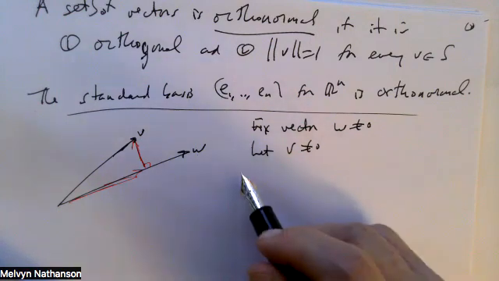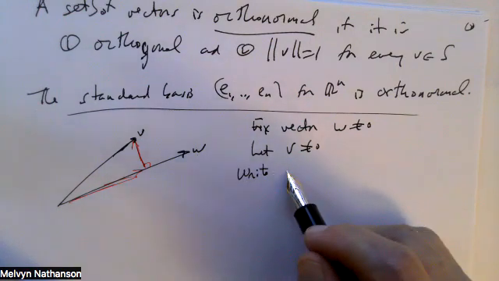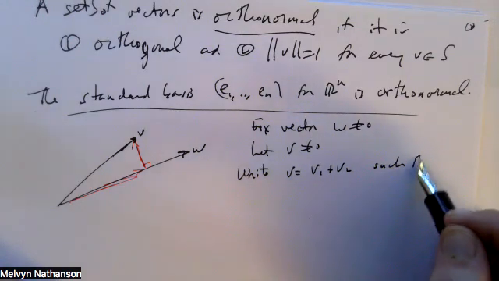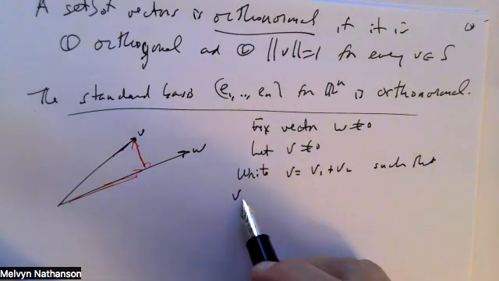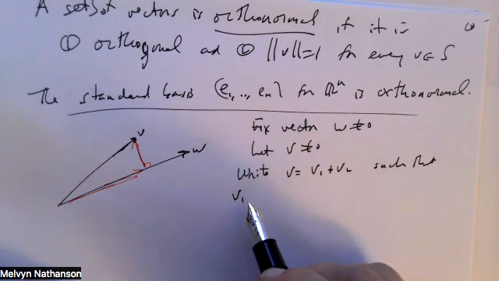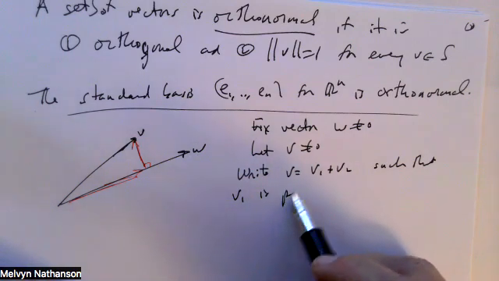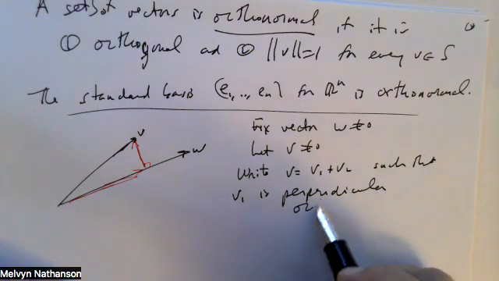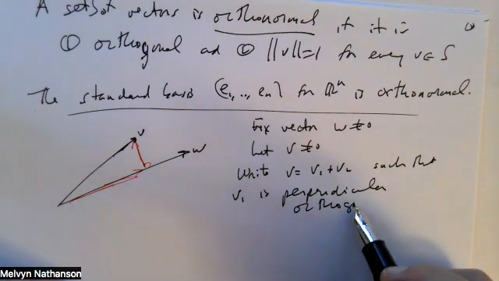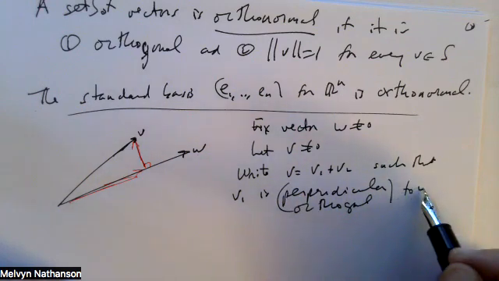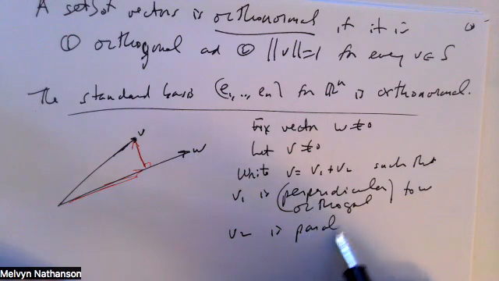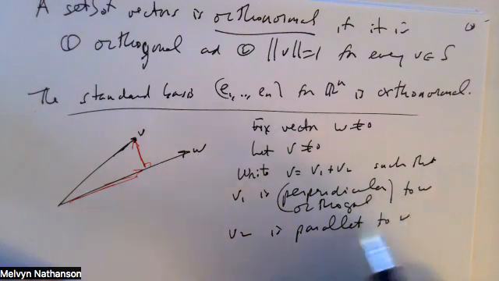We want to write v as a sum of two vectors such that one is perpendicular, which means orthogonal, to w, and the other is parallel to w.